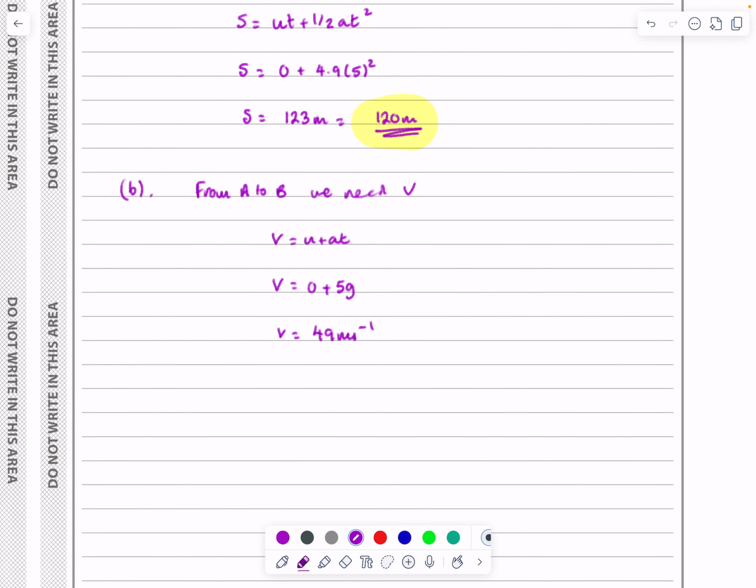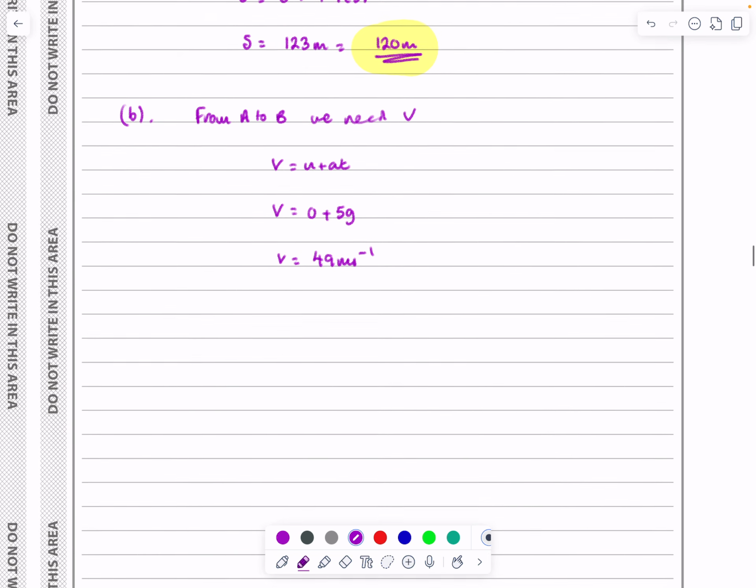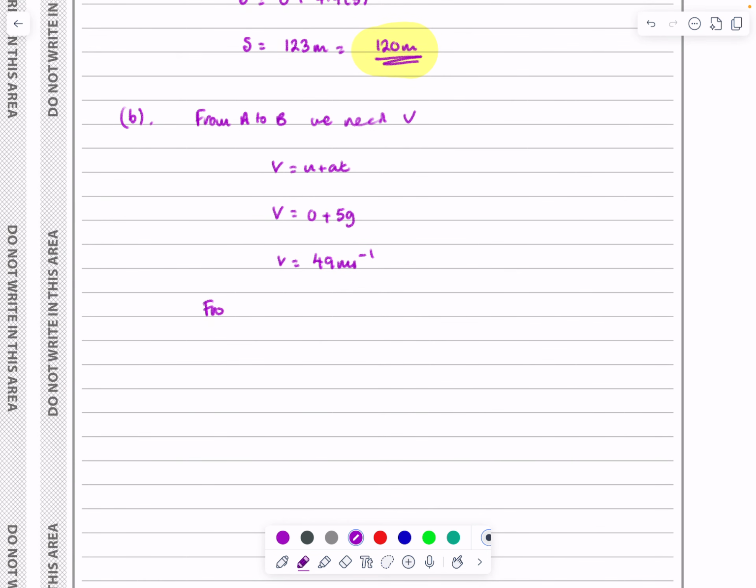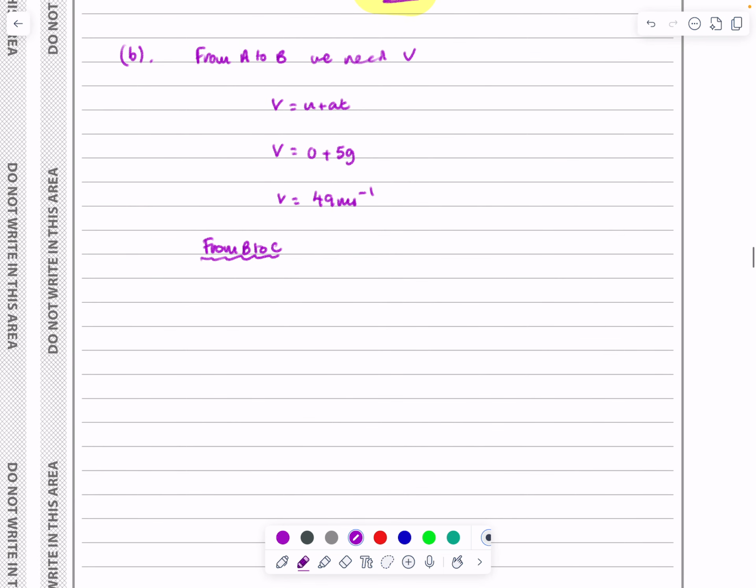That's now going to be my u for the second part. From B to C then, for that second part, what I need to do is to work out the acceleration. So we need the acceleration. What I can do up here is just say this is u for B to C.